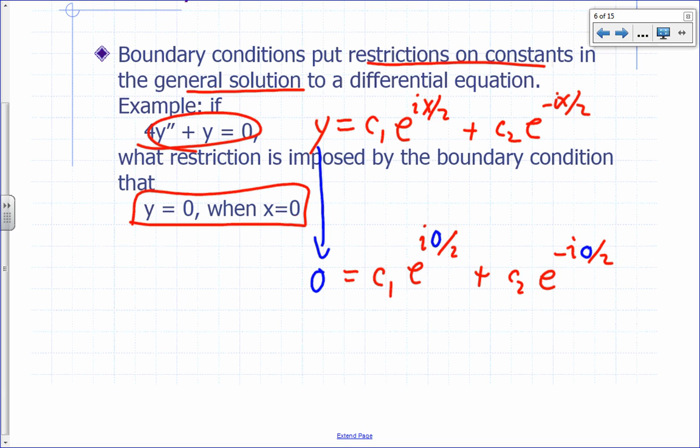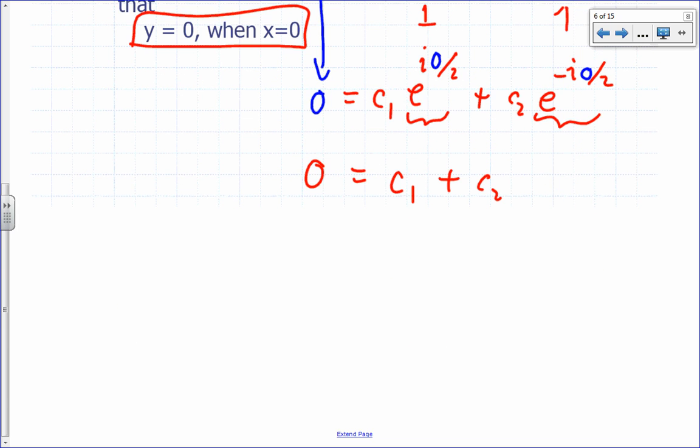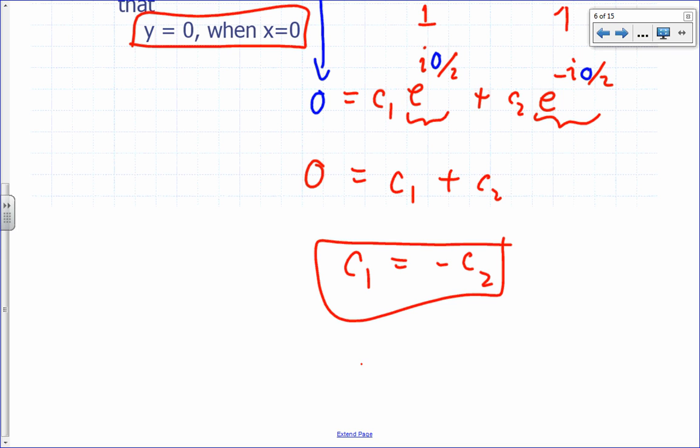What is that then? e to the 0 is 1, right? And e to the negative 0 is 1. So C1 plus C2 equals 0. What are we saying then? C1 equals negative C2, the negative of each other. So if C1 is 5, then C2 is going to have to be negative 5.